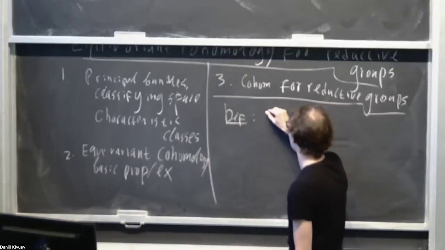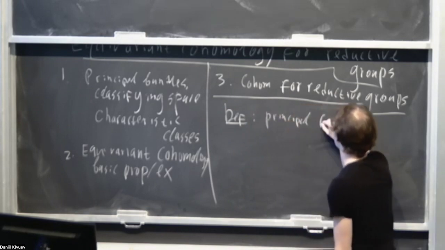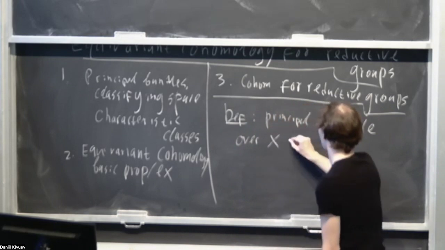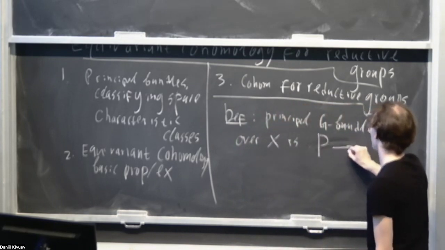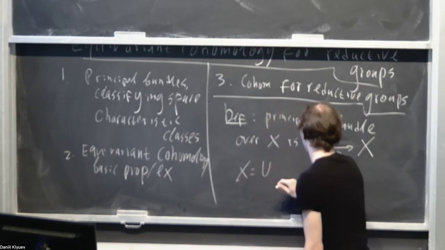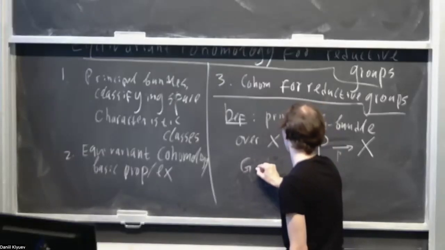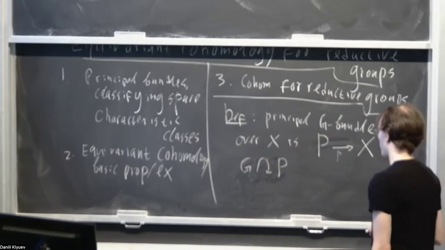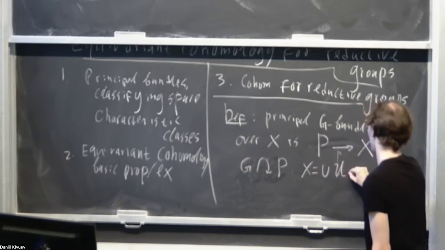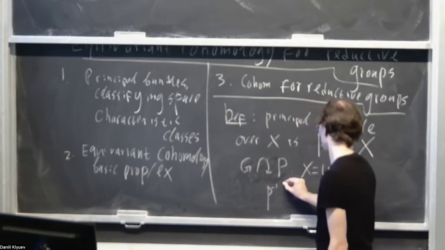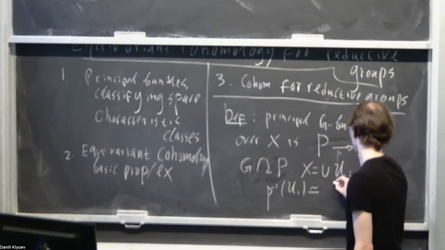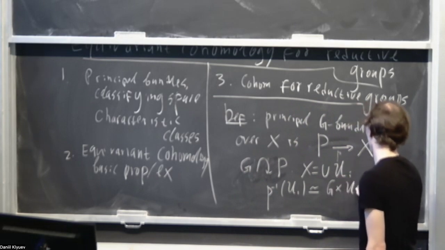Okay, so definition, reminder: a principal G bundle over X is another space P with a map to X, and G acts on P, with the following property: there exists a cover of X with open subsets U_i such that the preimage of U_i is isomorphic to G times U_i.